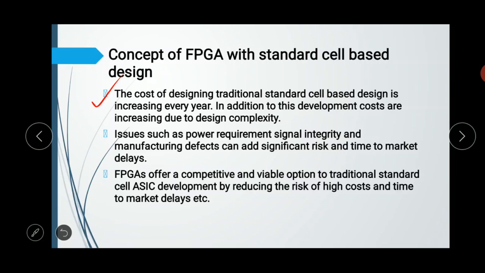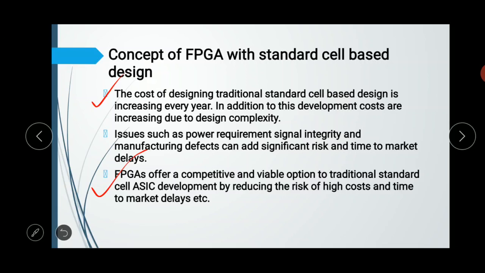FPGAs offer a competitive and viable option to traditional standard cell based design or ASIC designs development by reducing the risk of high cost and time to market delays, etc.